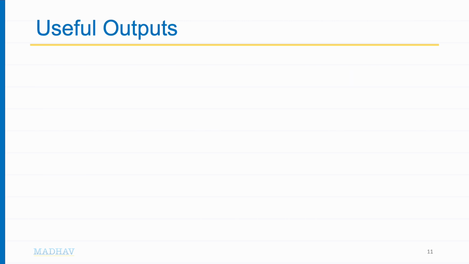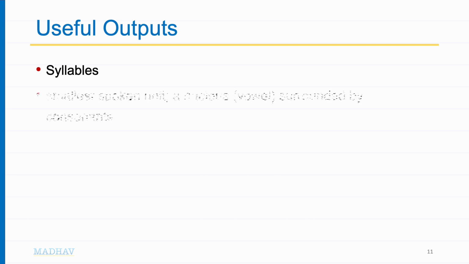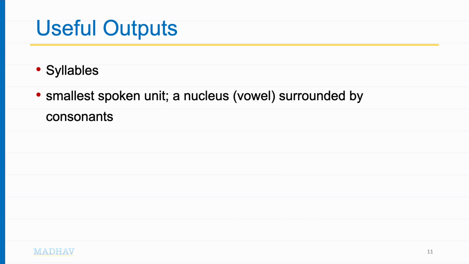Okay, so far we saw phones, we saw phonemes, right? Now I will discuss another thing which is called syllables. You cannot pronounce a phone or a phoneme in isolation, right? So a syllable is the smallest unit you can utter. Generally, it's a nucleus of vowel surrounded by some consonants.